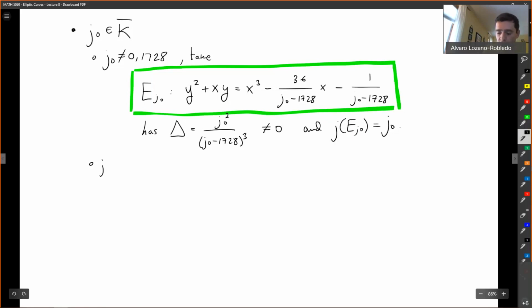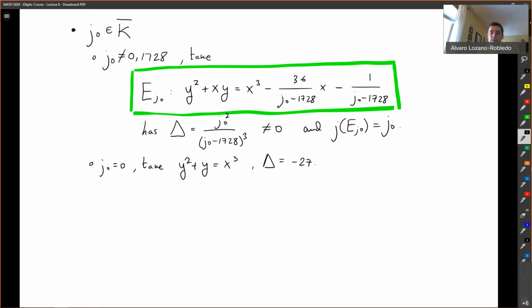So if j is 0, we can take, for example, y squared plus y equals x cubed, a very nice elliptic curve. And the discriminant is minus 27, so at least if the characteristic is not 3, then you have an elliptic curve with that j.